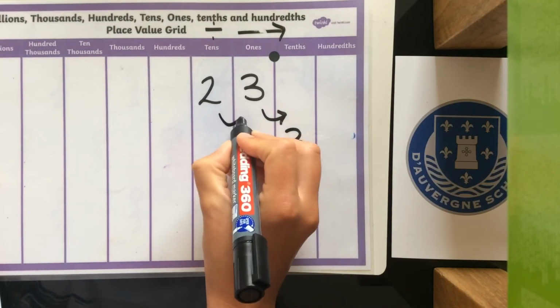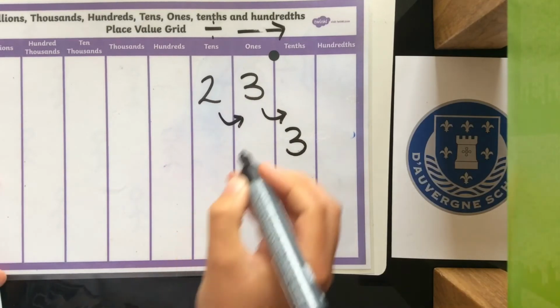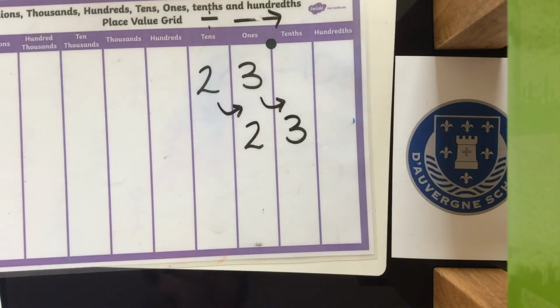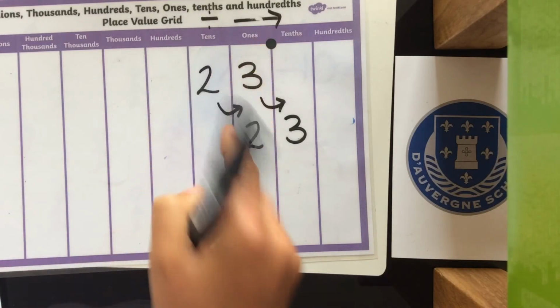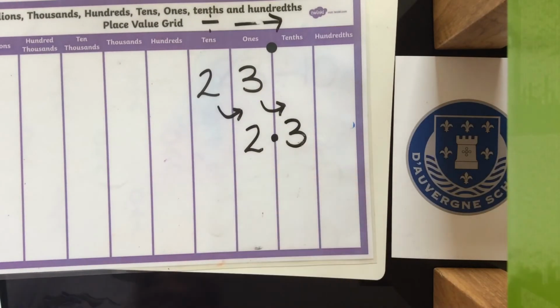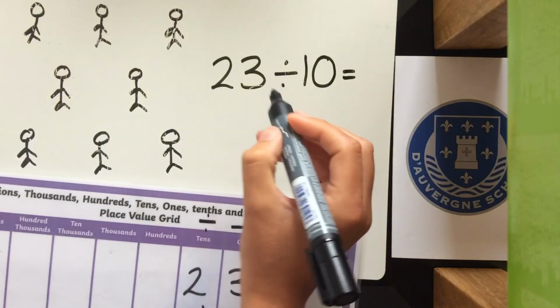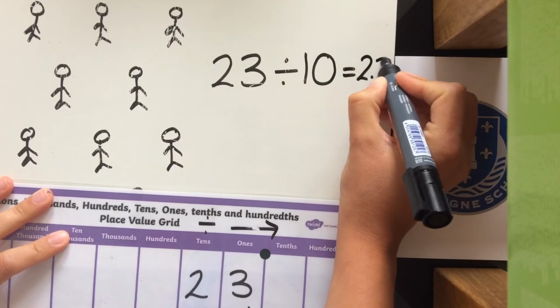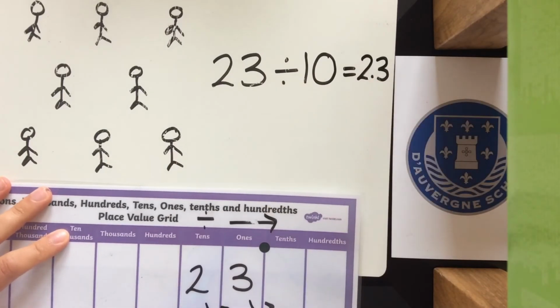The 2 also needs to move back a space to the 1s column. Don't forget to put in your decimal point. Each child would receive 2.3 pieces of art paper. 23 divided by 10 equals 2.3.